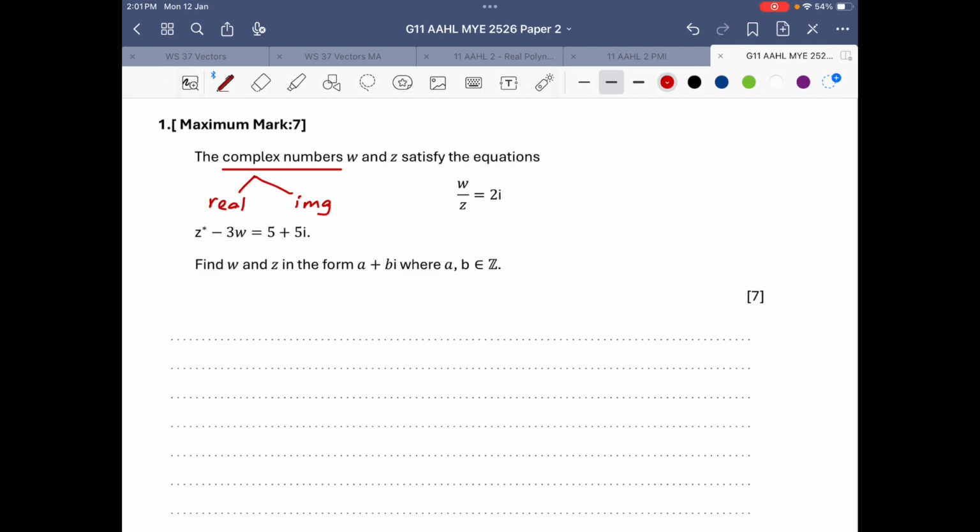So our task is to find the value of W and also Z in the form of A plus Bi, where A and B are integers.